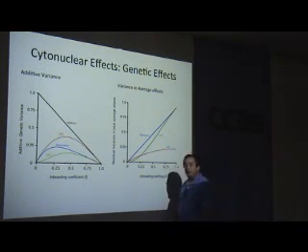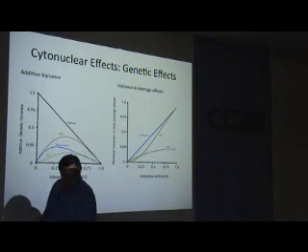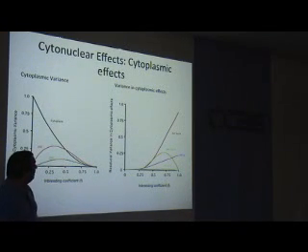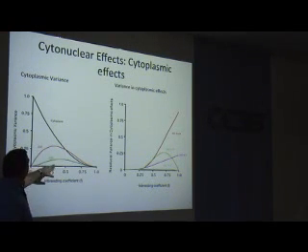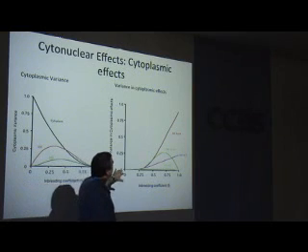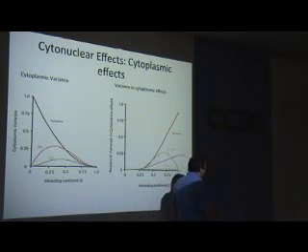Of course, additivity does not. It turns out it goes the other way. This is the cytoplasmic variance, this is the additive by cytoplasmic variance, this is a variance within genes, dominance by cytoplasmic, this is a variance in cytoplasmic effects.